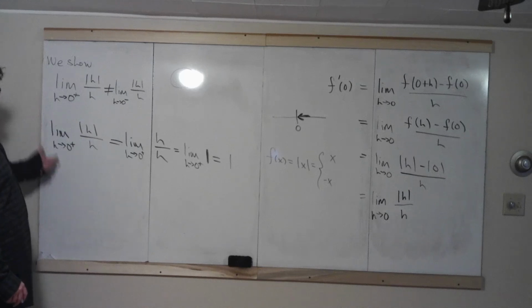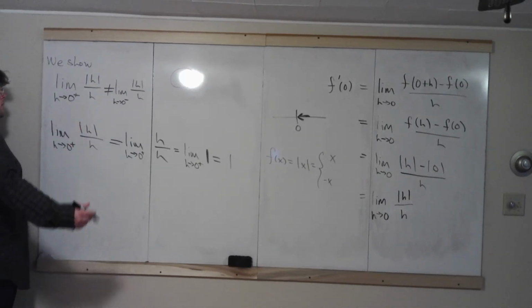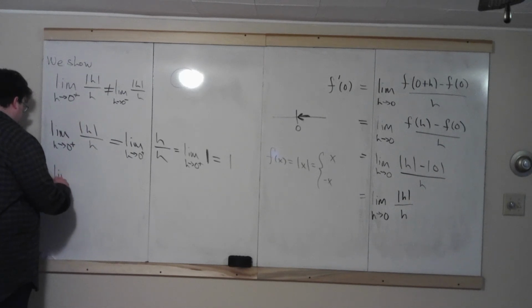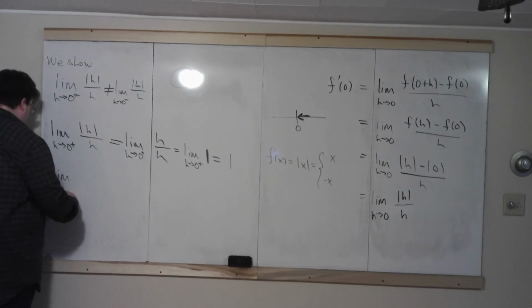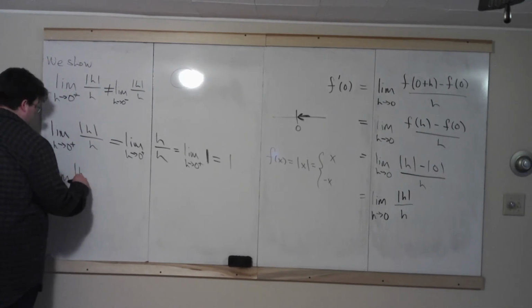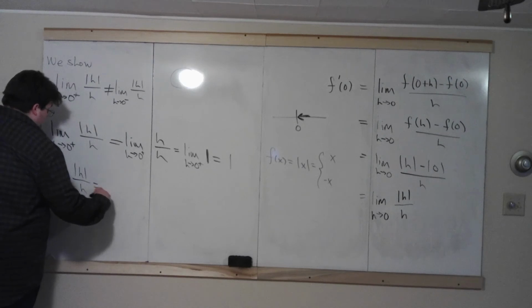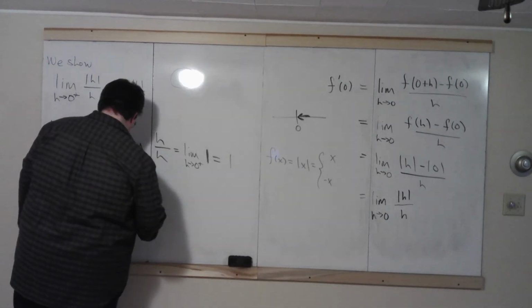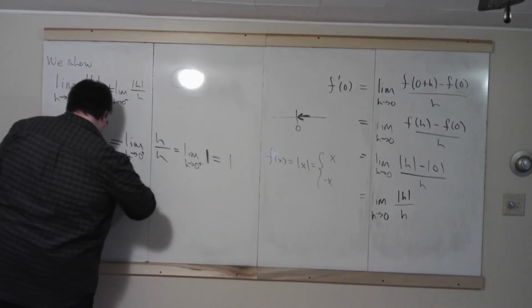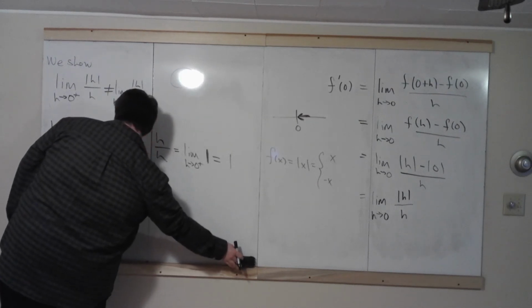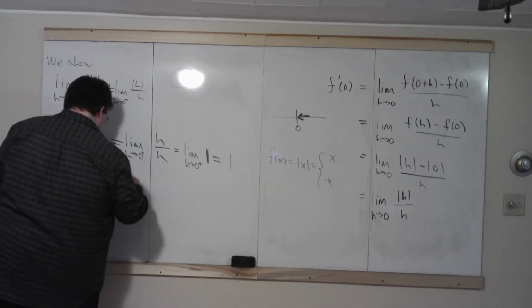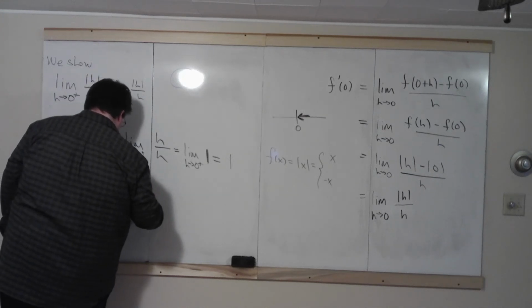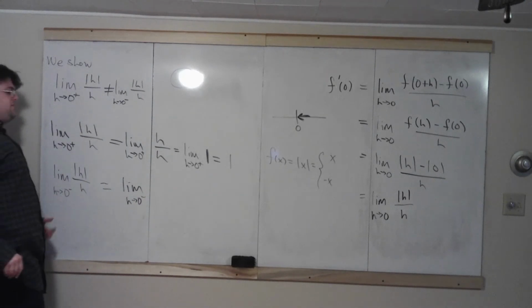So if we show that the limit on the left doesn't equal 1, then that limit won't exist. The function won't be differentiable. It gives us a counterexample to the converse. How about on the left of 0?